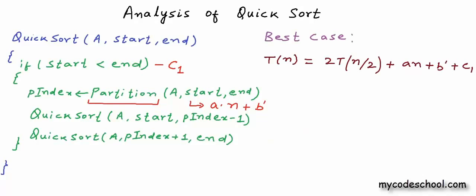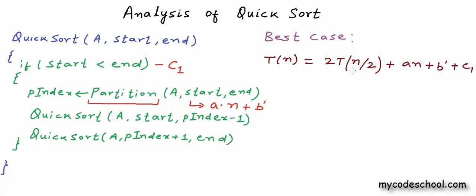Remember, this is the best case scenario for us. When we are saying best case, what we mean is all the partitions in all the recursive calls will be balanced. All the partitions will break a segment into two subsegments of equal length.